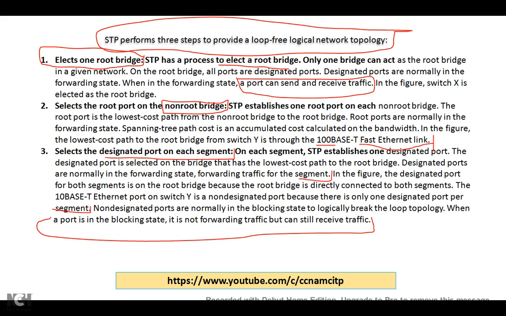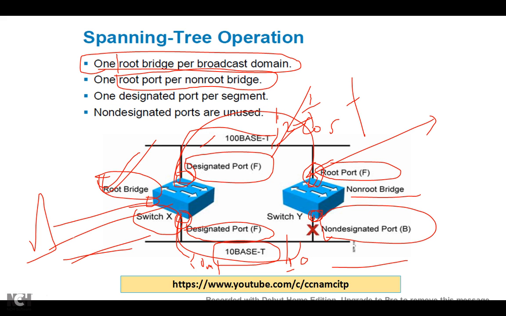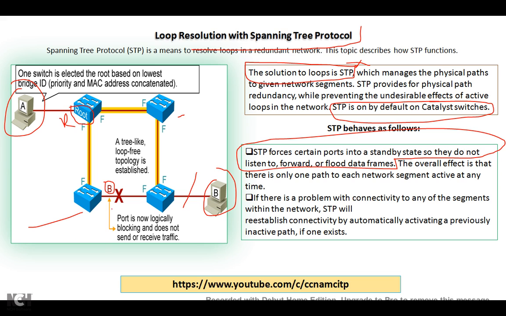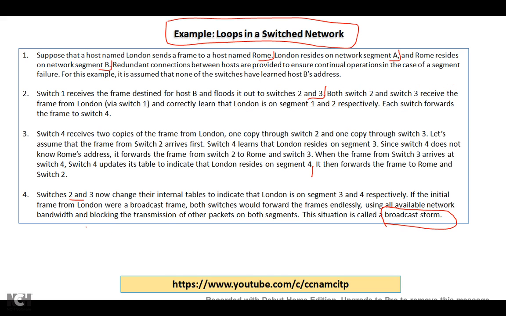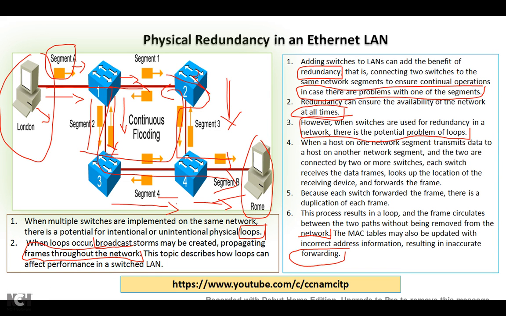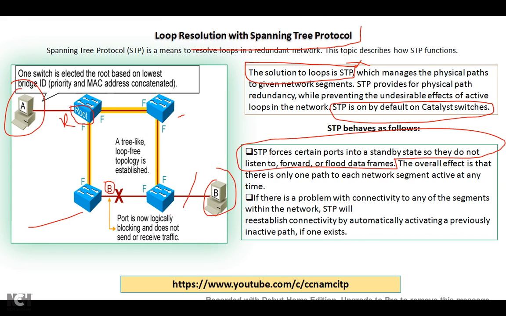As I told you previously, if any data is coming from this side or this side, and this port is in blocking state, it will not forward any data this side, but it will receive the data. So it will come to know if anything happens, if the switch goes down, what is happening across the network.